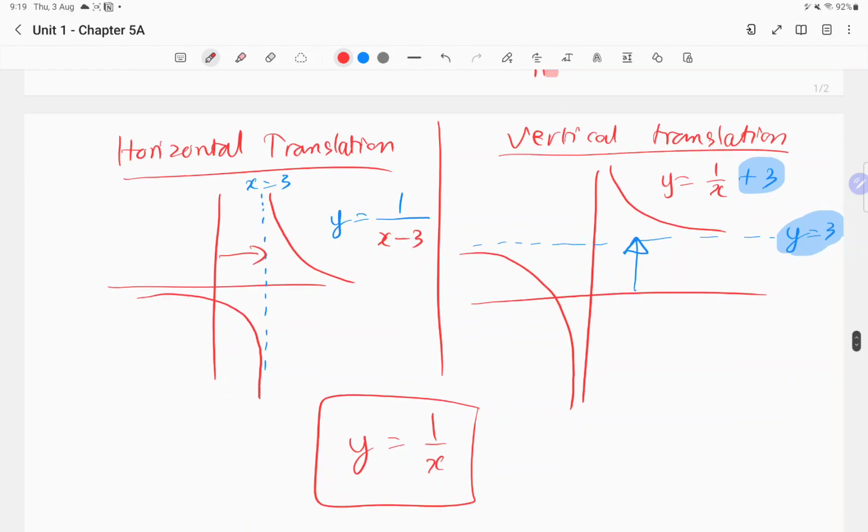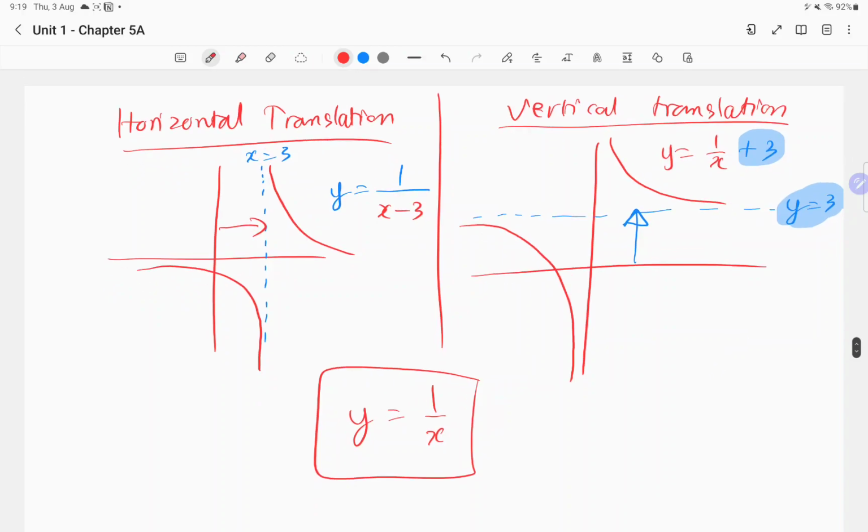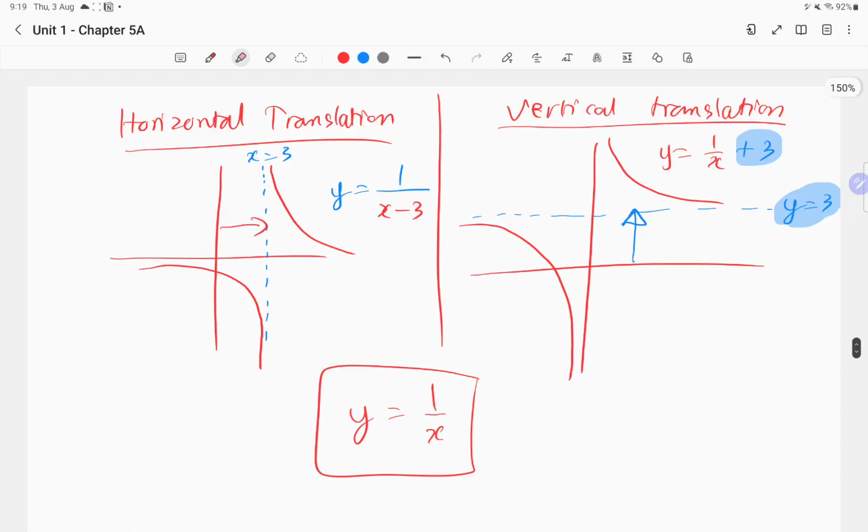Okay? But the horizontal translation is a little bit opposite. If you are shifting the graph horizontally, you're replacing the x value with x plus or minus something. And if it's shifting to the right, then you need to minus, because the idea is that to get the same y value, you need to have a value that is 3 more than the original, so that when you subtract the 3, you get the original x value.